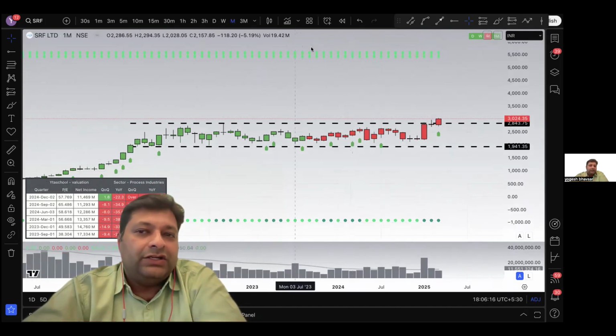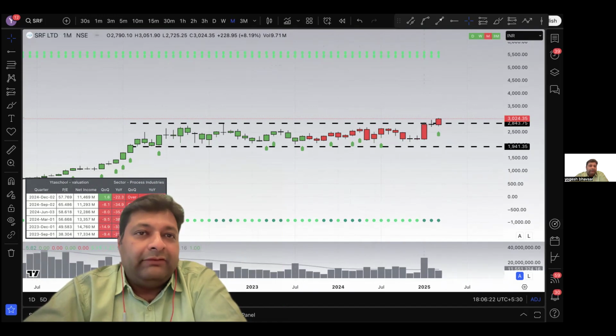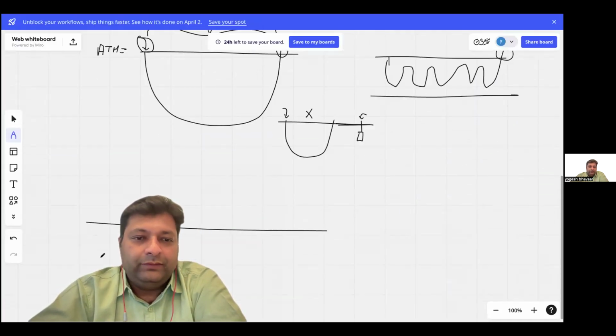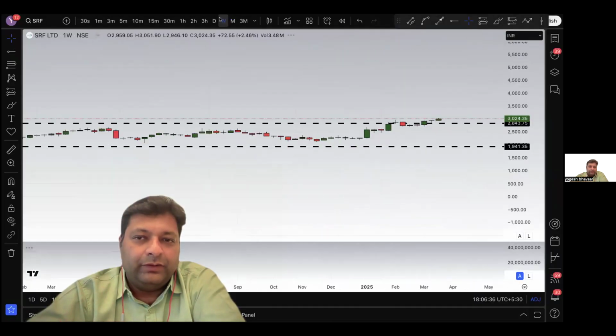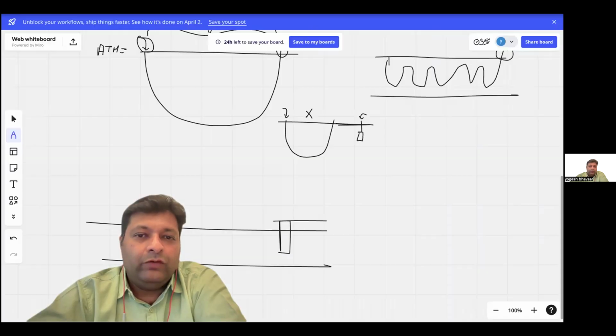Now the other condition is, if this candle closes above, on the monthly time frame. See, consider this candle, this one, monthly time frame close. What will you do? You will mark the high.